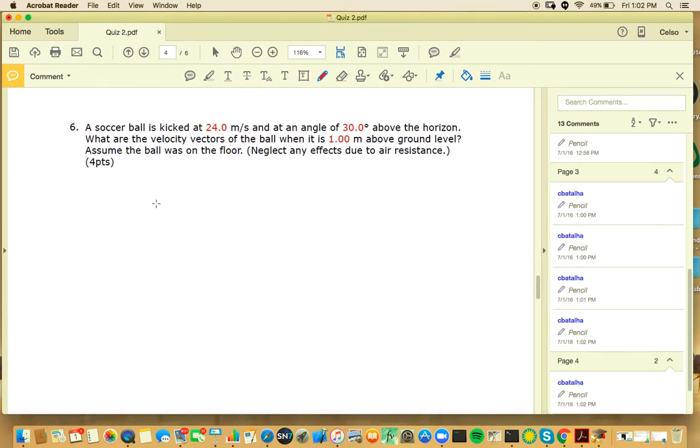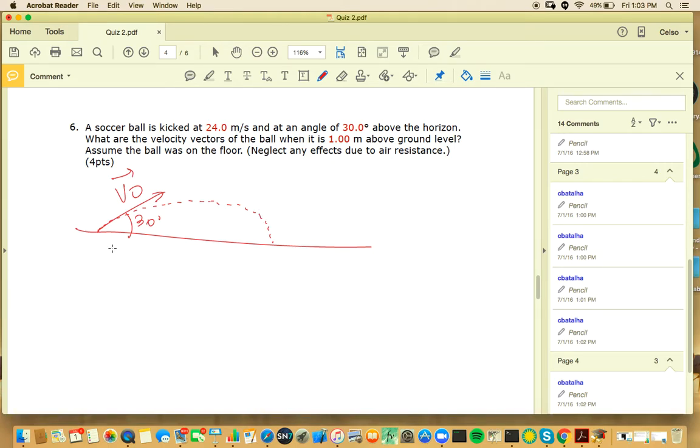6. Soccer ball is kicked with the initial velocity. So you put a little axis and then you have an angle. This is your initial velocity. And the angle is 30 degrees. So basically the soccer ball is going to go, and then looks like air resistance is doing some trick here.